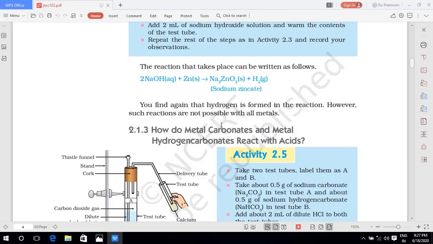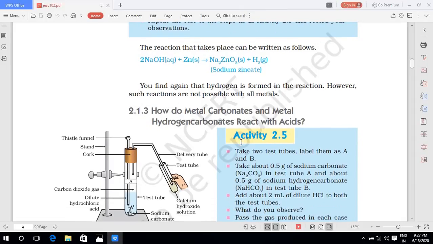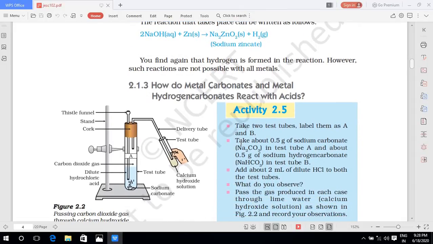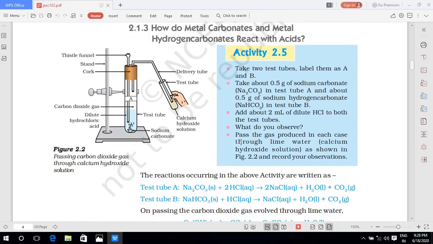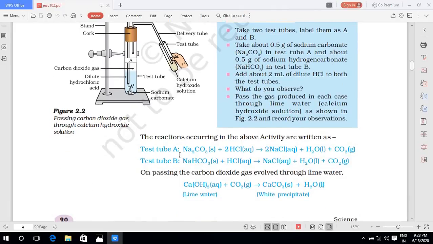How do metal carbonates and metal hydrogen carbonates react with acids? Metal carbonates and metal hydrogen carbonates react with acids in the same way, such as sodium carbonate and sodium hydrogen carbonate.